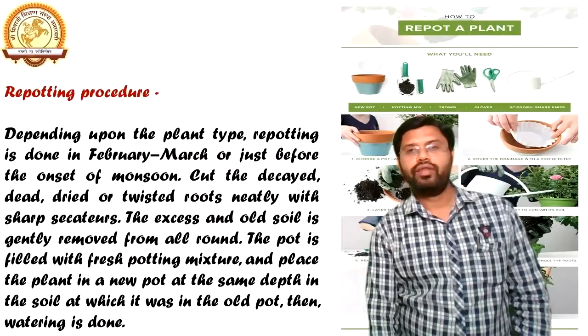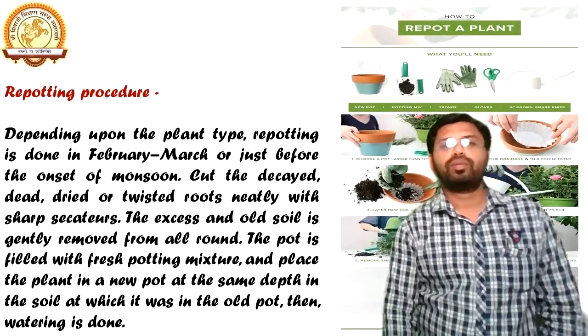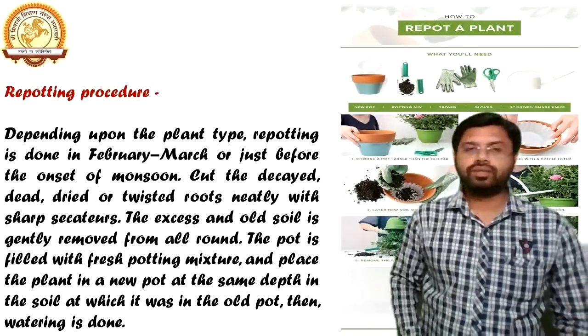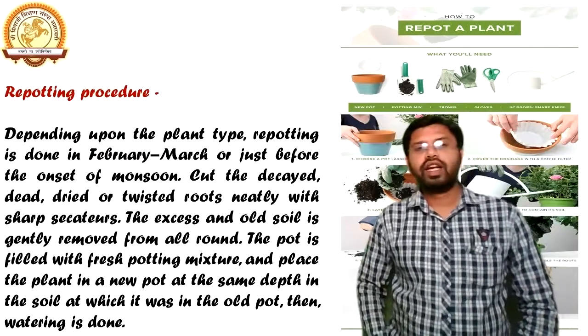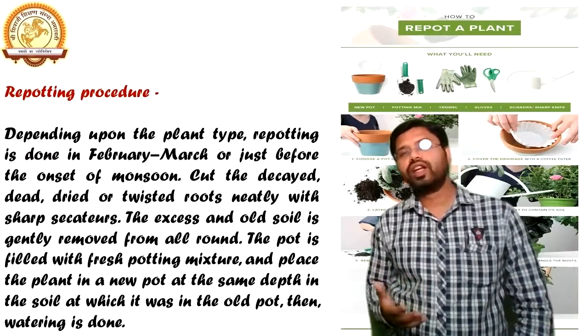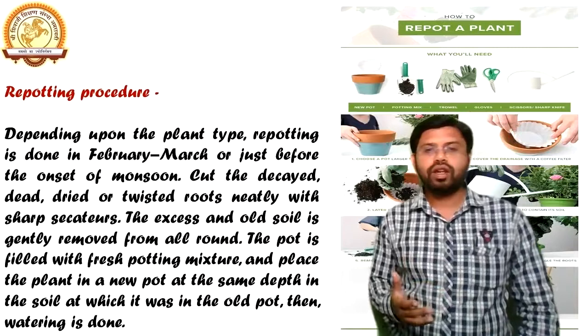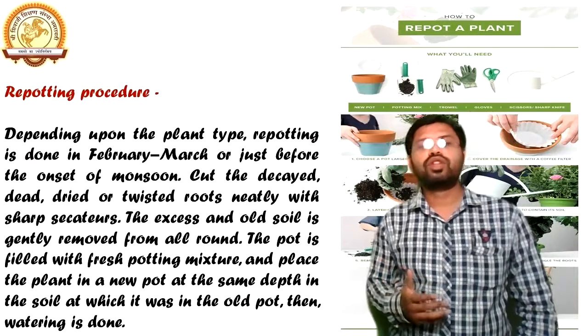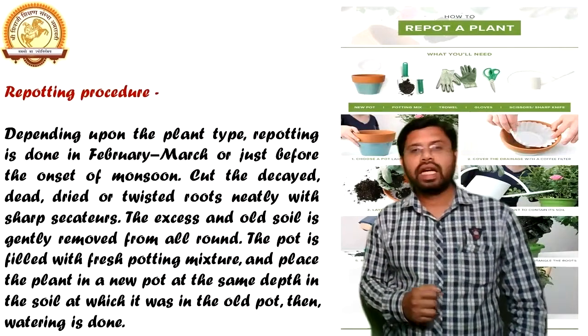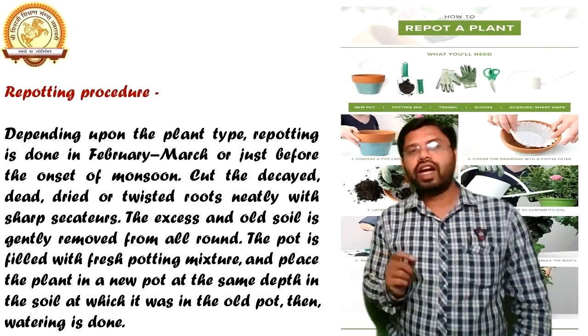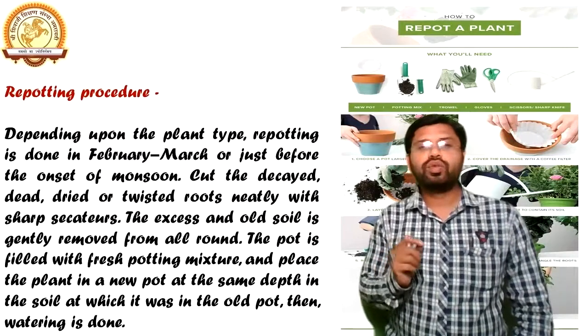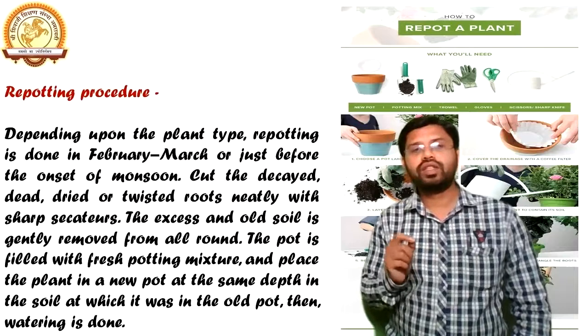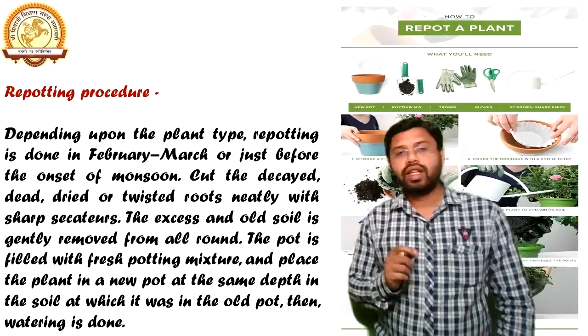If we are doing repotting, then there is a particular procedure. Depending upon the plant type, repotting is done in February and March or just before the onset of the monsoon. Cut the decayed, dead, dried or twisted roots neatly with sharp scissors.